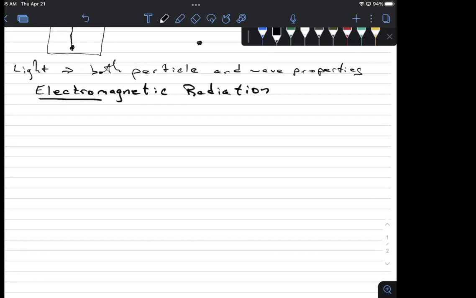That is the official scientific term for light. Radiation, obviously, just means something coming from another object. It radiates from the object. It's sent away from this body or from a source. What is the thing that's sent away? An electromagnetic wave.